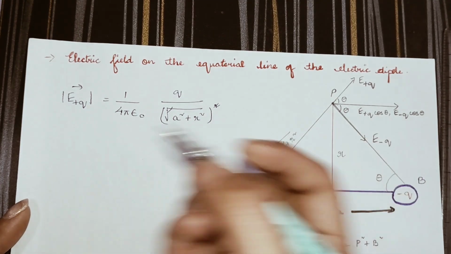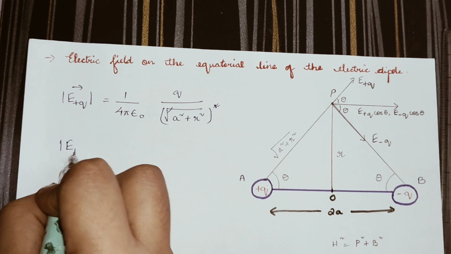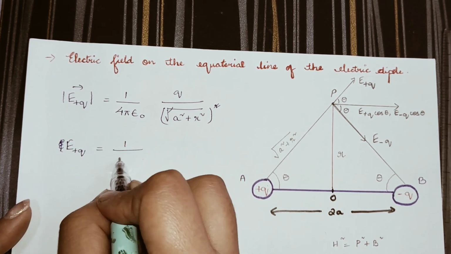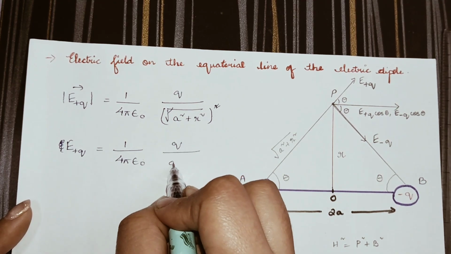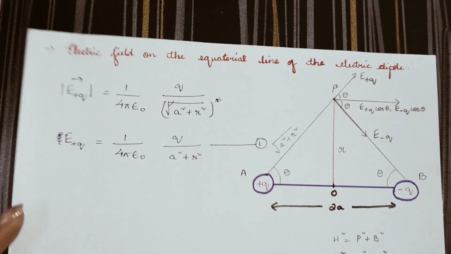So square and square get cancelled out. We have E plus Q is equal to 1 by 4 pi epsilon naught Q divided by a squared plus r squared, which is equation number 1.